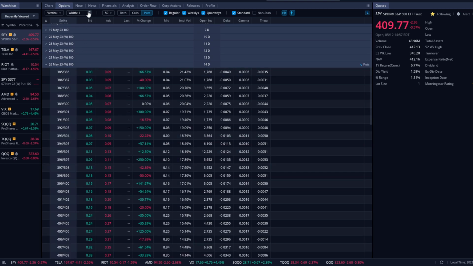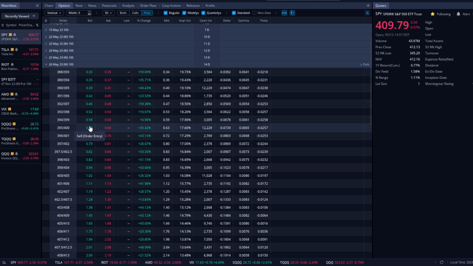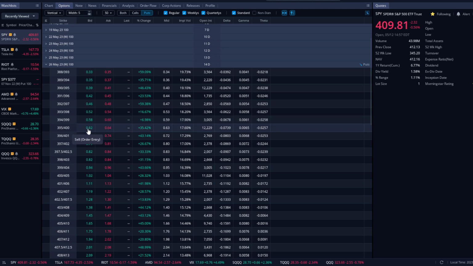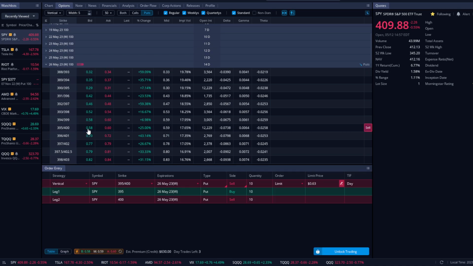And then you can determine how wide you want to make it. Let's just make it a 5 wide spread. So $500. And so what's our delta? A 6 delta. So we could do this one. So the 400 by the 395. Click sell. This is a test account.